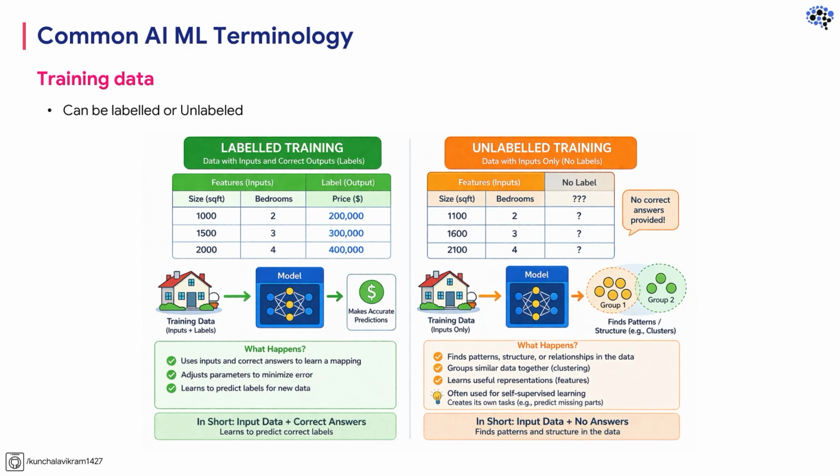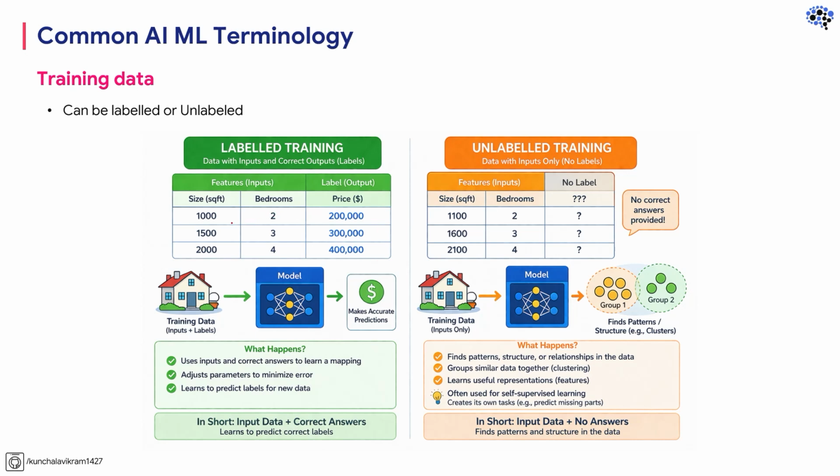Now during the process of the training, a model can be fed labeled data or unlabeled data. So labeled data means we know exactly what the data is that we are using to train the model, right? For example, if I have to predict the house price, it is basically dependent on the size of the house, the number of bedrooms and other things.